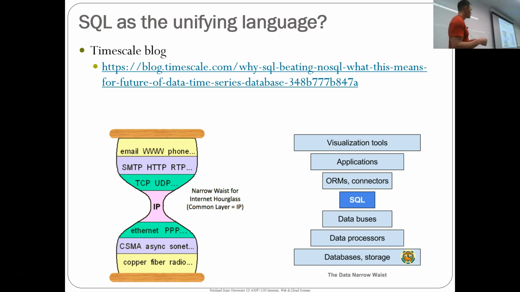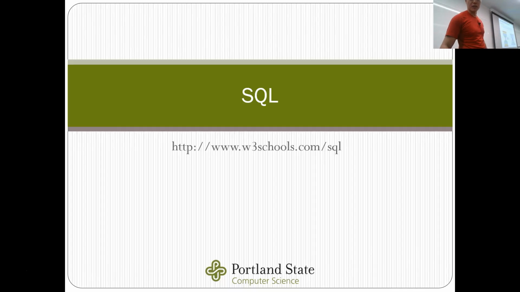This person makes the case that SQL is now the narrow waistline for data processing. You'll have all different kinds of tools and applications at the top. They will all speak SQL in the middle, and then you'll have a whole bunch of backends underneath that will support those queries. So this is why maybe learning SQL is a good thing versus these random NoSQL languages that are out there, which are a dime a dozen. It's an interesting article if you want to read it.